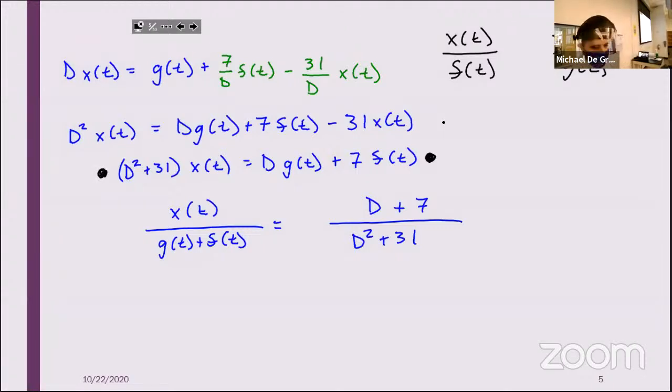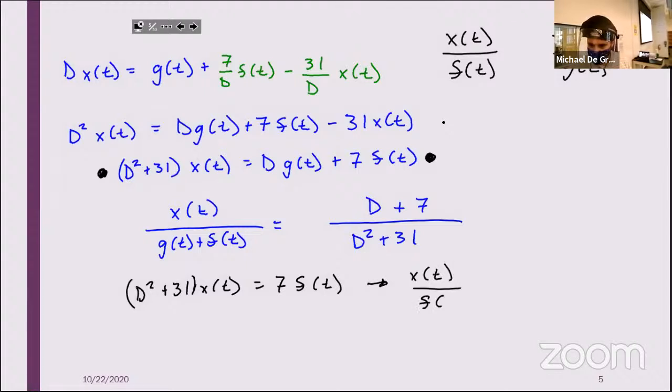If I do that, I get d squared plus 31 times x of t is equal to 7 f of t, so my transfer function of x of t over f of t is 7 over d squared plus 31.